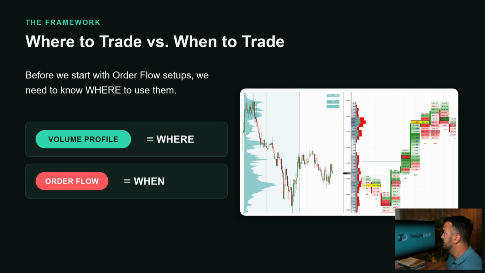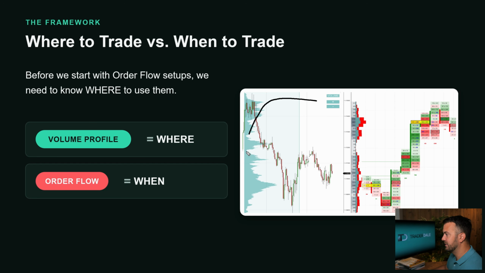So today we'll talk about the volume profile, that's the where, and order flow, that's the when. Let me demonstrate what we will do on this little example here. First, we want to find zones where to trade. And for that, we want to use a volume profile, right?